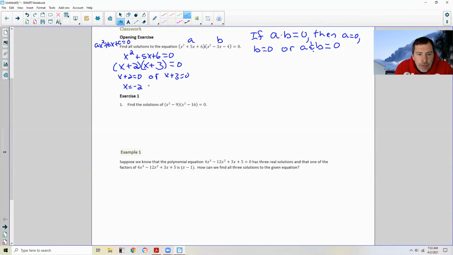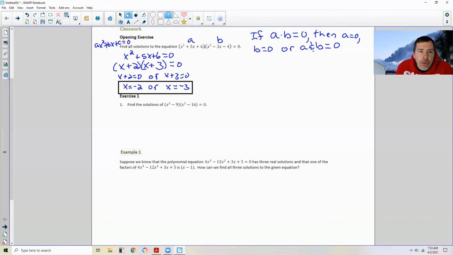Or subtract 3 over the other side, I get x equals negative 3. So there are 2 of my solutions right here. If x is either negative 2 or negative 3, then A will be 0, and 0 times whatever B is will give us 0.